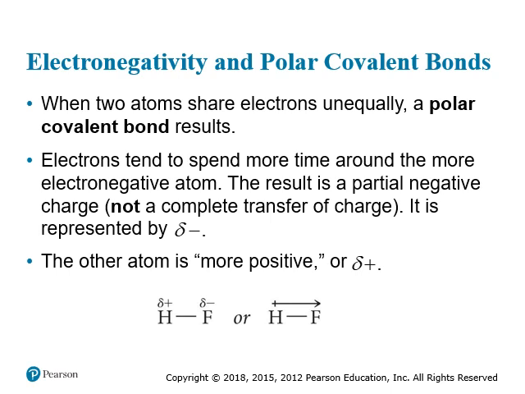We can either, using the lowercase Greek letter delta, which suggests a partial nature, say that the particular bond in hydrogen fluoride is partially positive on the hydrogen side and partially negative on the fluorine side, because the electron density is being pulled more towards the fluorine than the hydrogen. We could also use an arrow on top of the bond itself to illustrate the direction of net electron pull.